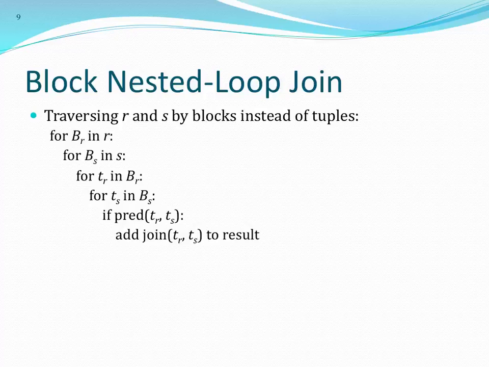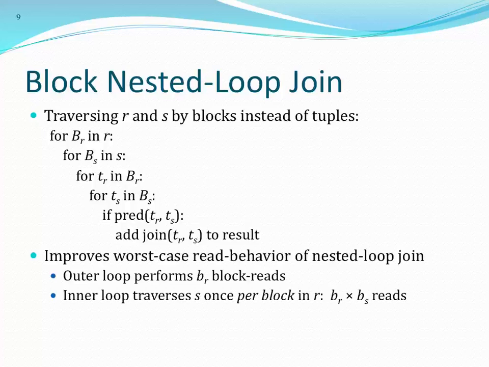And you can see here now, for B sub R, capital B being a block of R, and a block of S, and then you iterate through the tuples in that block and the tuples in S's block, and you try to join them together. So we added 2 more loops, and suddenly this thing becomes substantially better.